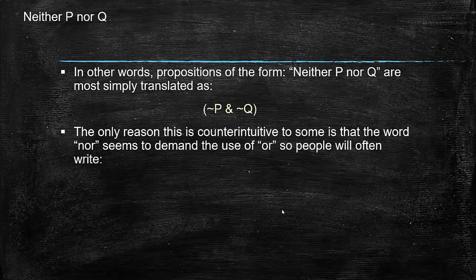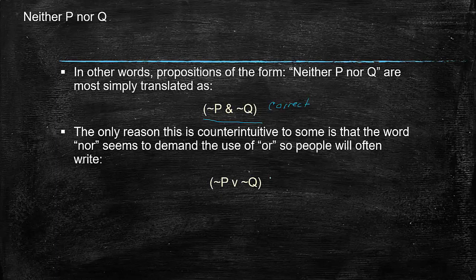The only reason this is counterintuitive to some is that the word nor seems to demand the use of or. So people will often write, incorrectly, not P or Q. Right? So just to emphasize, this is correct.